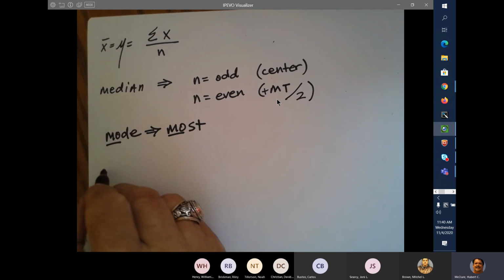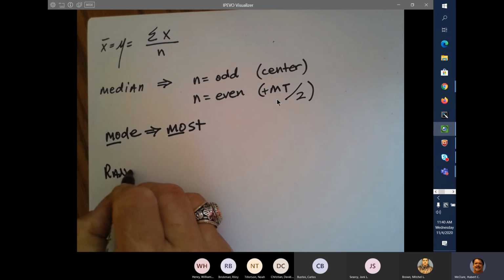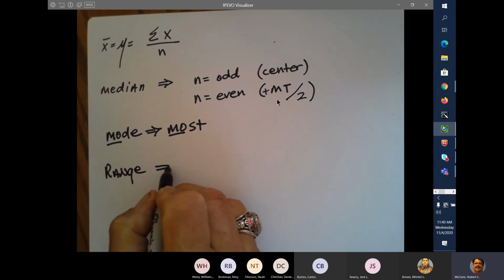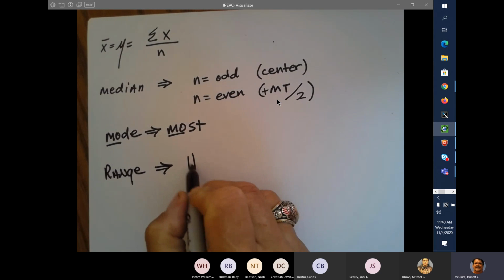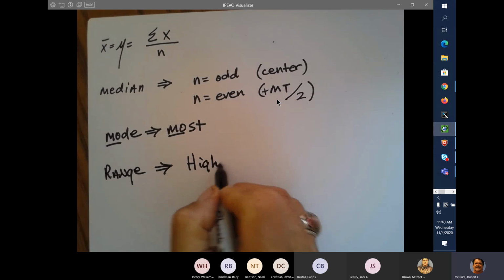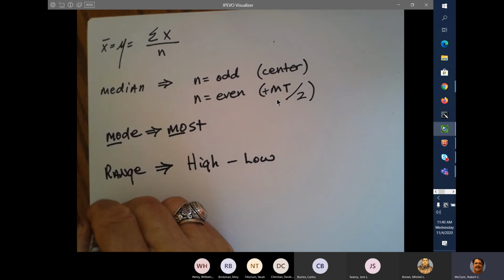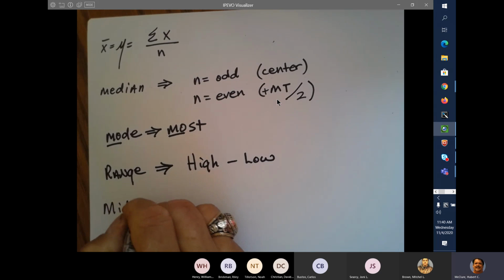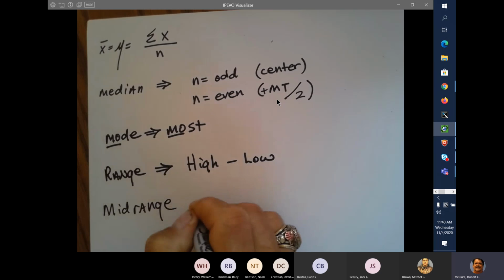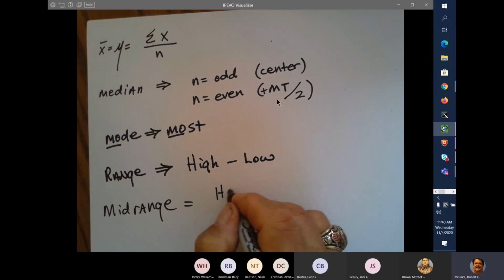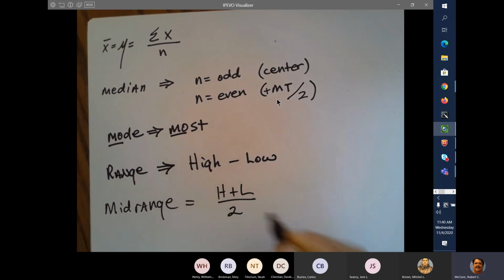Mean, median, mode, range. Anybody remember the formula for the range? Highest minus the lowest. And then the mid-range is equal to the high plus the low divided by 2.